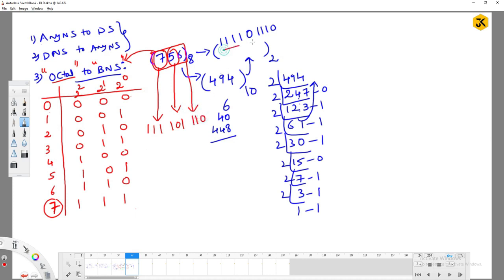So are we getting the same data or not? Yes. This is the way I can do it, right? So when you are in octal number system, what is the maximum number of digits required to represent a number?